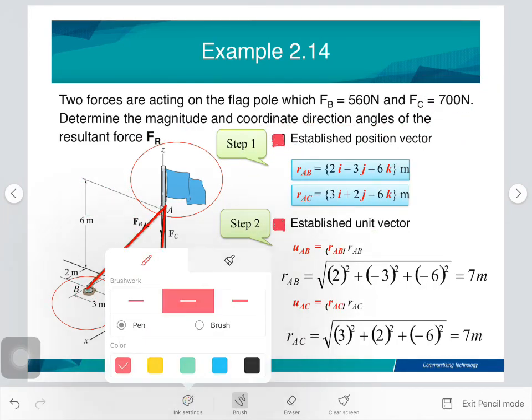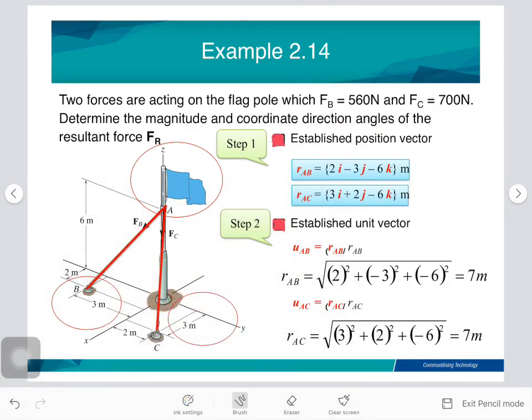Here is the answer for the position vector RAB and position vector RAC. RAB is 2i minus 3j minus 6k in meter, and RAC is 3i plus 2j minus 6k in meter. Now we want to determine the magnitude RAB and RAC, so you just substitute into this equation.